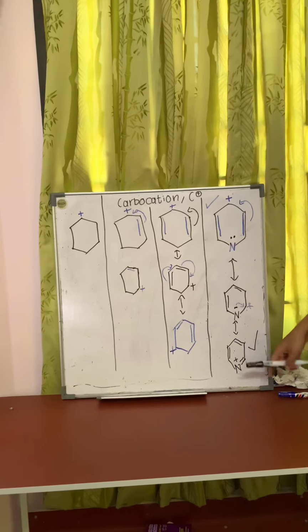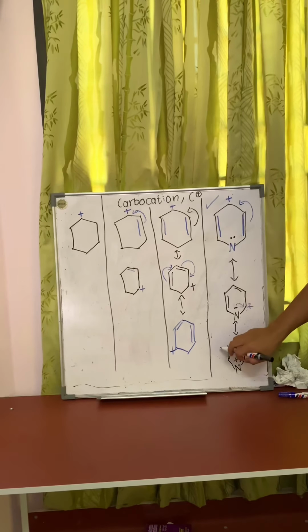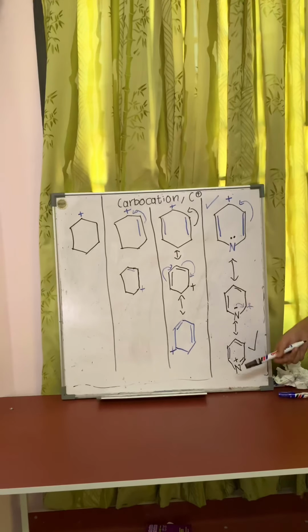And second, as you can see, the pyridine looks like a benzene ring. As we know, the benzene ring is a very stable compound. So we know that benzene is a stable compound.